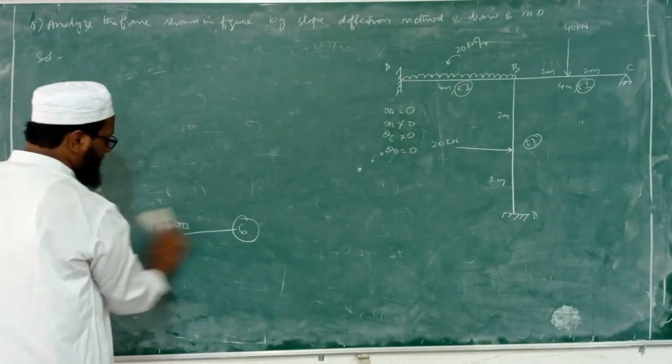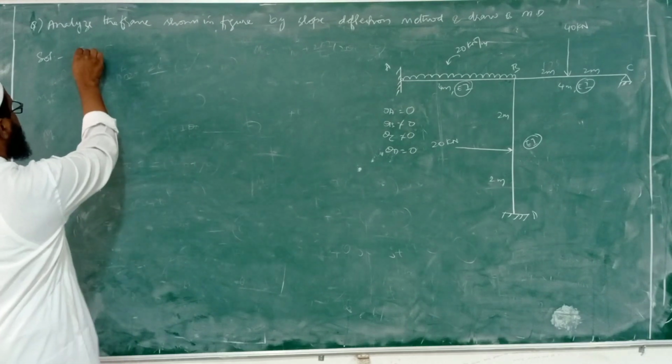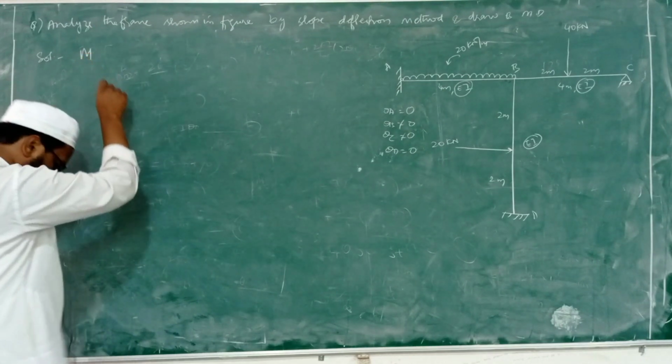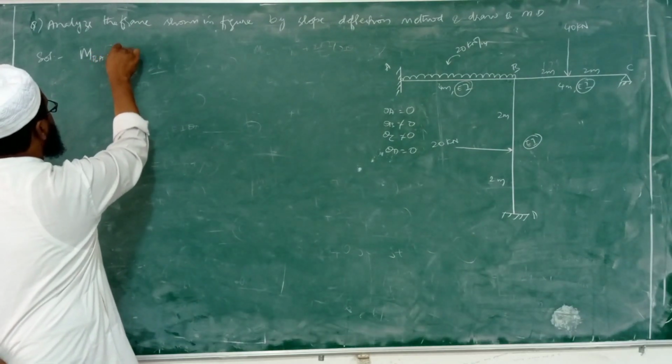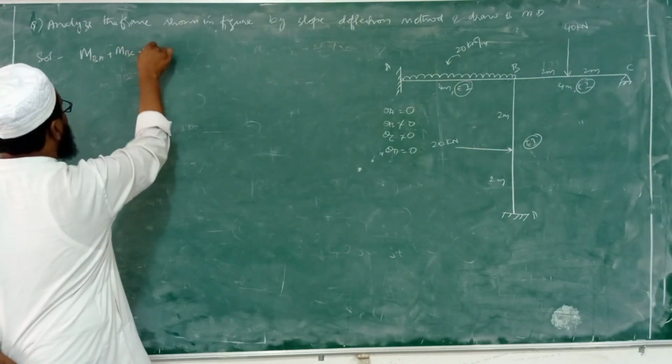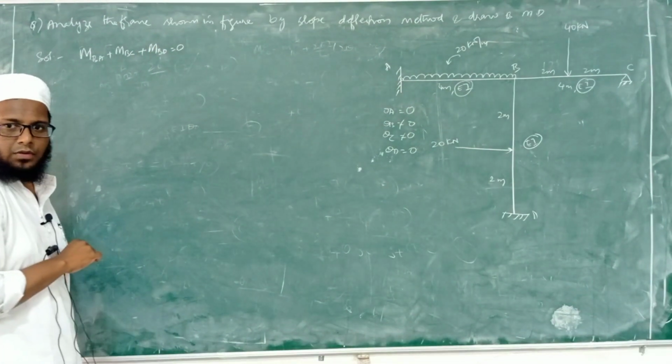The third step is equilibrium conditions or equilibrium equations. So one is MBA plus MBC plus MBD is equal to 0.